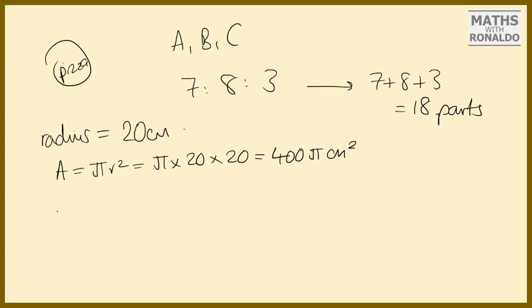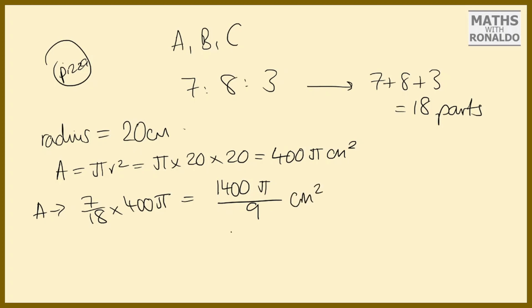And then from there we can say that A ate 7 over 18 of the 400 pi, which gives you 1400 pi over 9 centimeters squared. For B, it will give you 8 over 18 times 400 pi.